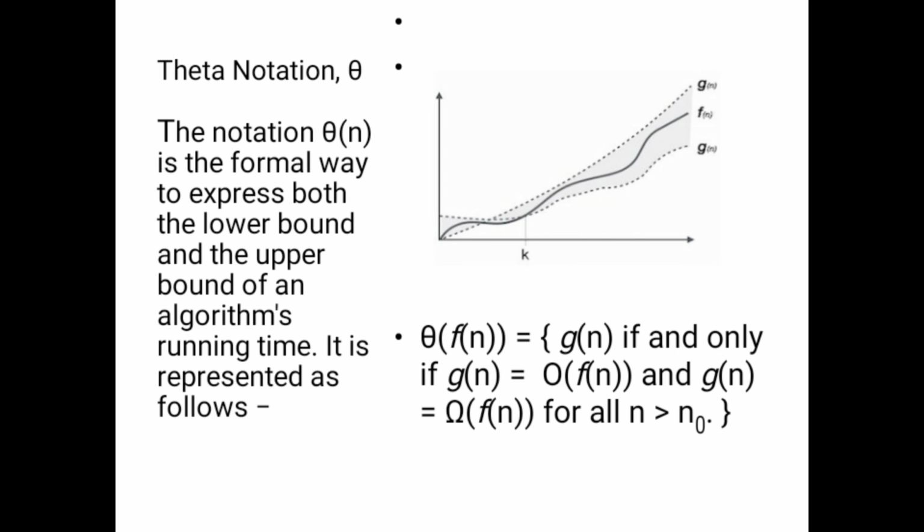Big O notation is used to express the worst case time complexity, the largest amount of time the algorithm can possibly take. And omega notation is a formal way to express the lower bound, that is the best case time complexity. And theta notation is used to measure the average time complexity of the algorithm.